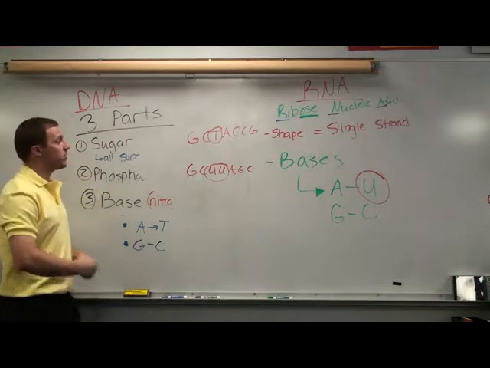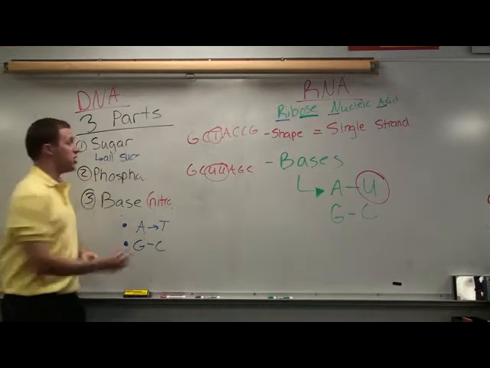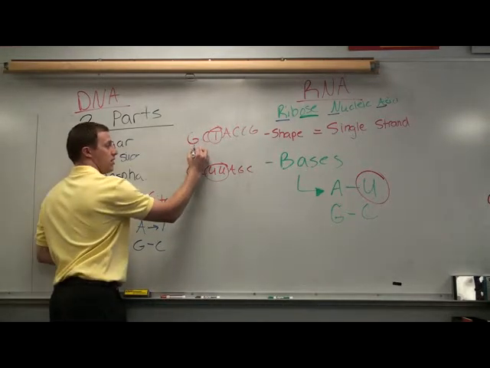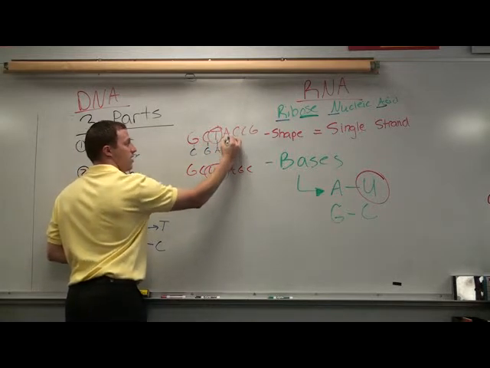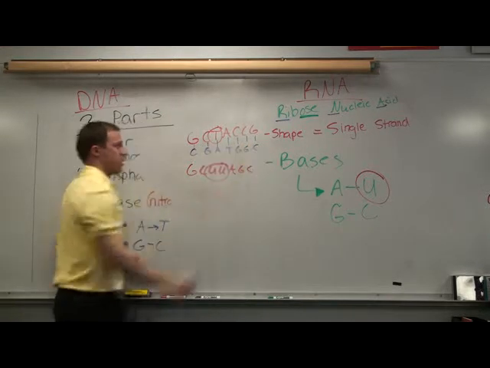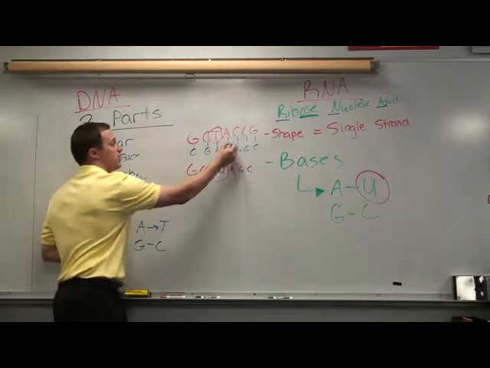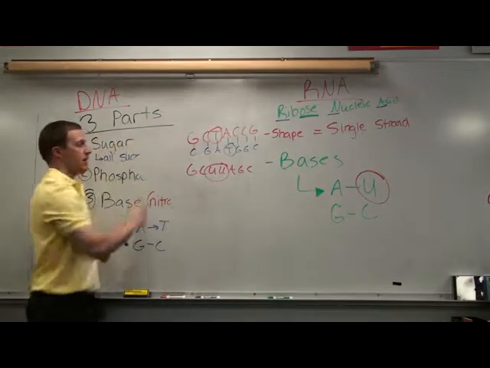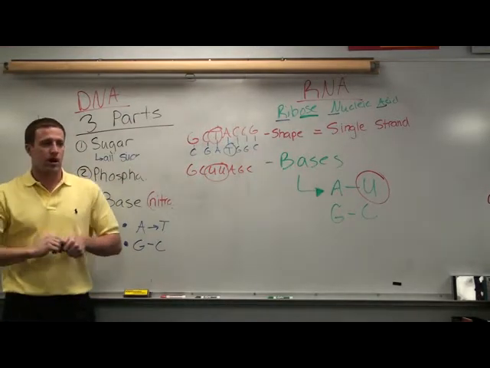And then what if they told you to write the complementary strand of the DNA? G pairs with C, C pairs with G, T pairs with A, T, C, right? And that's how it pairs. So if it has T's, it's DNA. If it has U's, it's RNA. Alright, good job, guys.